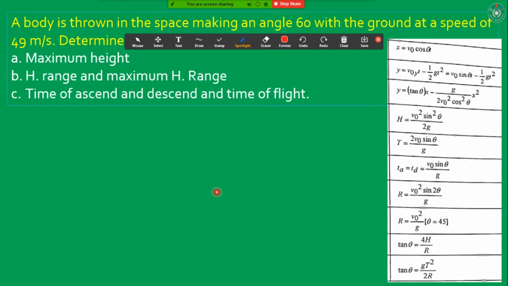Number C, time of ascent and descent and time of flight. You know it very well that ascending time and descending time are equal. So TA is equal to TD is equal to v naught sine theta divided by g. By this equation, you will get ascending and descending time, and time of flight, capital T, is 2 v naught sine theta divided by g.